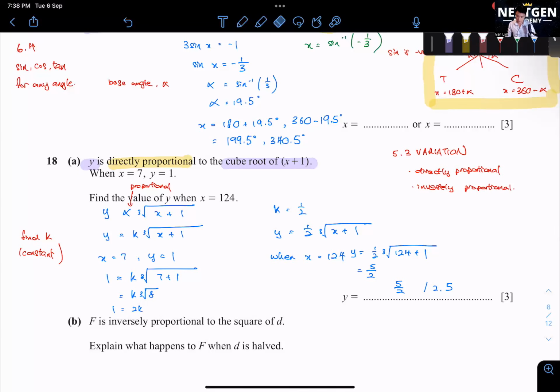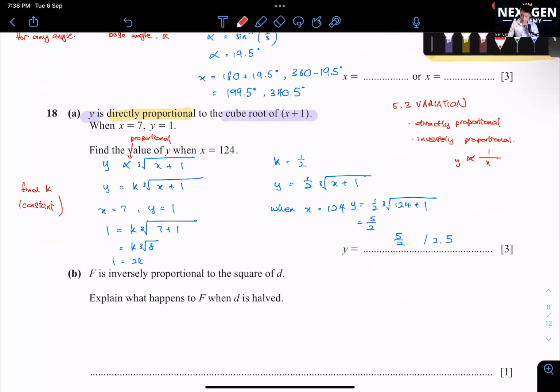For inversely proportional, you just need to remember it is 1 over. If they say it's inversely proportional, it means 1 over whatever the term is. This will fall under variation. Actually, the next question is inversely proportional.